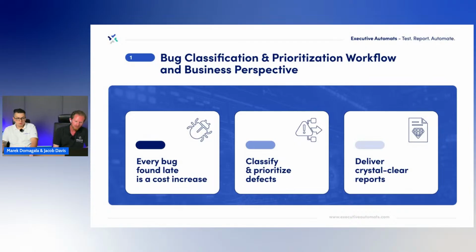Usually it depends on the client's requirements, but it's usually done by some issue tracking tool, right? In executive automats, we can see the history. If something went wrong, we need to analyze this back, and eventually we use that issue tracking tool, let's say it might be DevOps, for example.